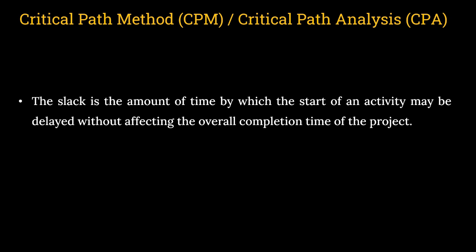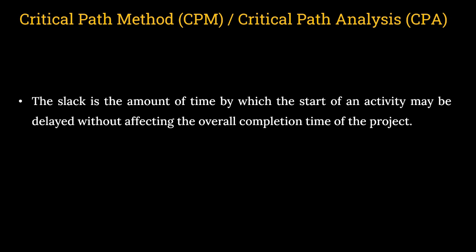And if by chance you are not able to complete the critical activity in the right time, then what will happen? The project duration will be increased. So project duration is totally dependent on the critical activity. That's why it is known as the critical activity. But in non-critical activities, some slack or delay is provided.